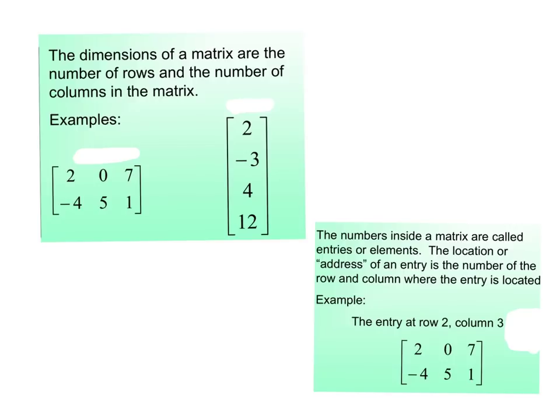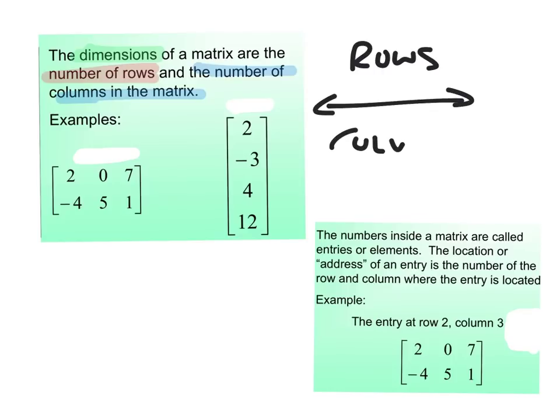The next definition is what we call the dimensions of a matrix. The dimensions are just simply the number of rows and the number of columns in the given matrix. Rows work horizontally, columns work vertically. So here are two matrices, and I want to find the dimensions of these two matrices. So look at this first matrix.